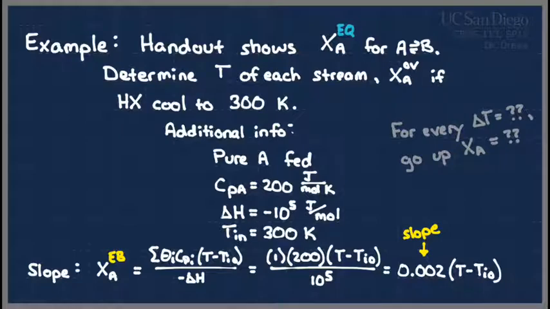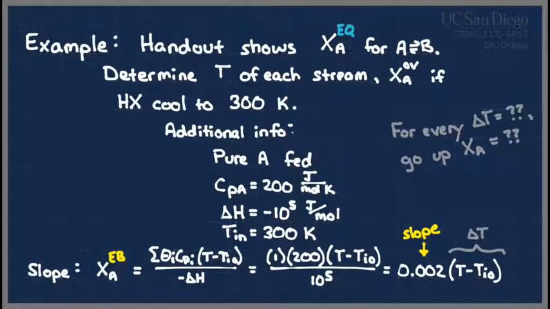That's simply a way of plotting a line: if I know the slope, I pick a particular delta T. There is no engineering here. It's simply how do I plot a line.